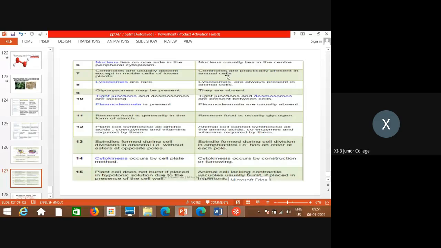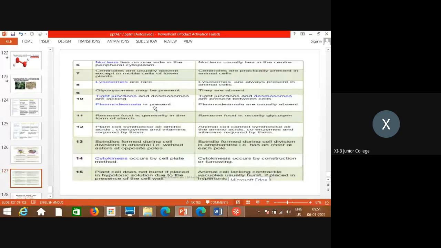This is the specific feature: centrioles are present in animal cells, but in plant cells they are generally absent except in a few lower plants. Then lysosomes, their structure and number, are less. Then glyoxysomes may be present in plant cells, but they are absent in animal cells.